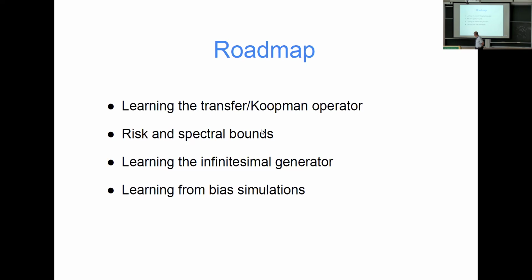I will try to put this problem on a statistical footing, so discuss the notion of loss function and risk, and discuss new, recent learning algorithms, in particular this reduced rank regression algorithm. And then I will discuss learning bounds for this operator, in particular focusing, like in the last talk, on spectral bounds. So we're interested in finding the eigenfunctions and eigenvalues.